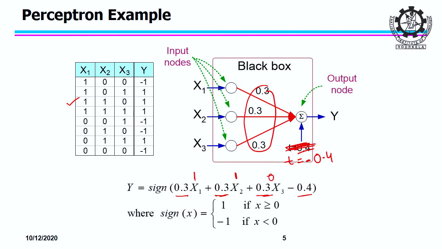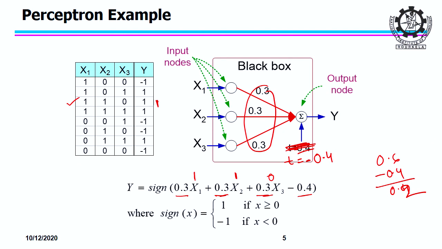Then 0.3 into 1 plus 0.3 into 1 is 0.6, minus 0.4, which gives 0.2. That is greater than 0, therefore the output should be 1. For this case the output should be 1, and we see the output is 1.